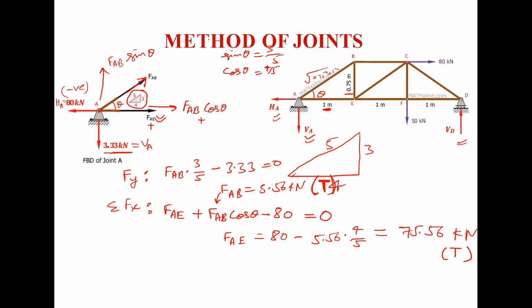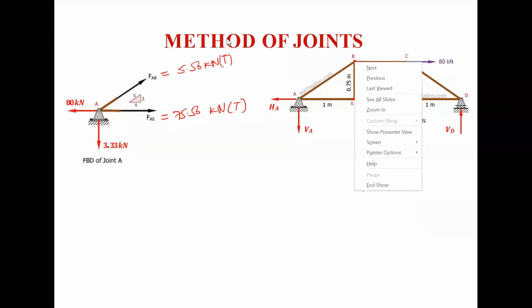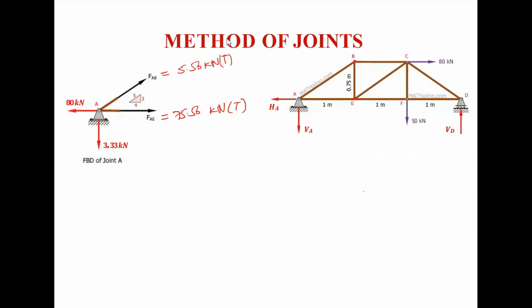From the previous calculation we got FAB equal to 5.56 kilonewton tensile and FAE equal to 75.56 kilonewton tensile.